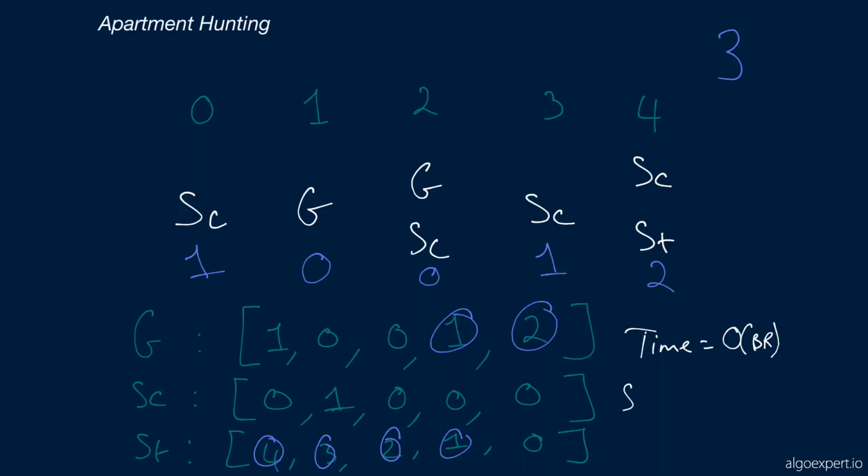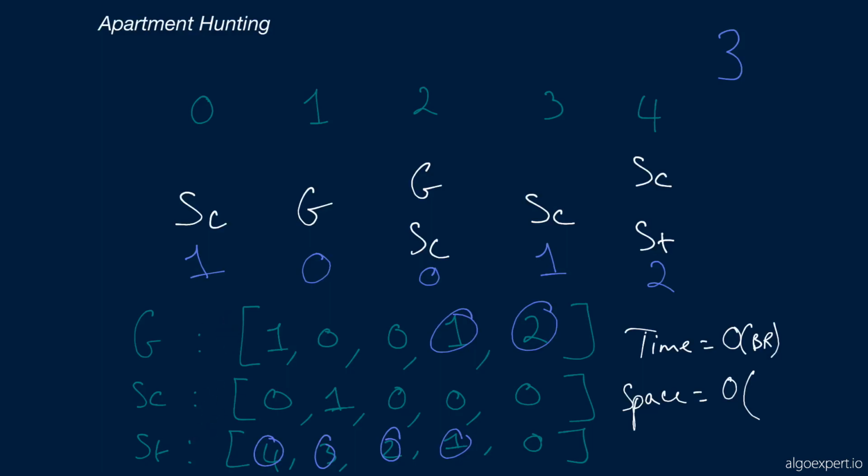And the space complexity for this solution is actually going to be worse than the previous one. The previous one was only O of B, because we found this final array. But here, it's actually going to be O of B plus O of BR, because we are storing R arrays, right?